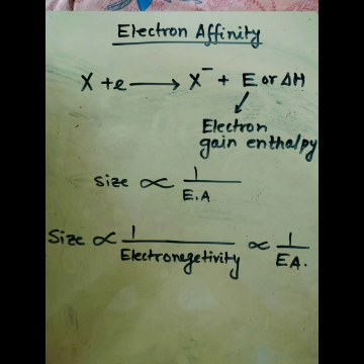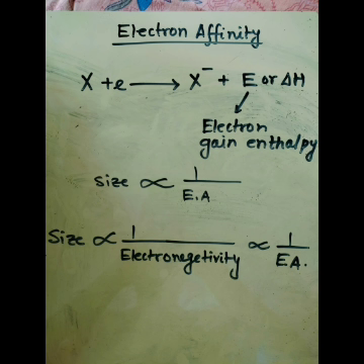For example, if X is a neutral atom, and we add one electron to its valence shell, then it transforms into X minus, that is an anion, and it also releases some amount of energy. So this energy is known as electron gain enthalpy or electron affinity.